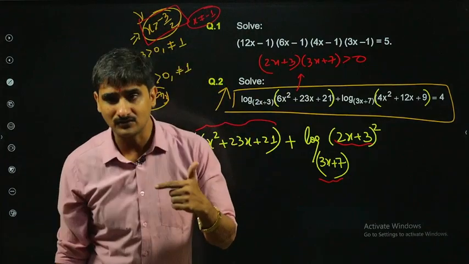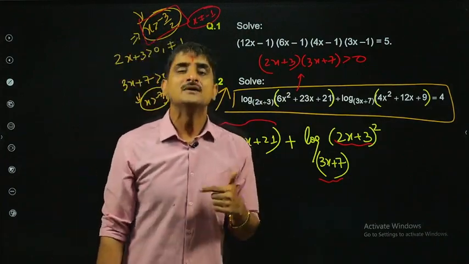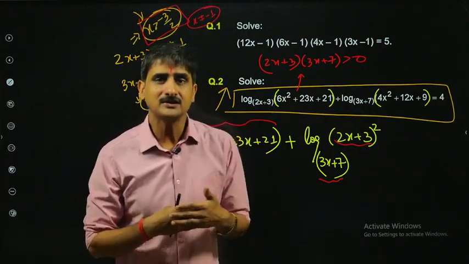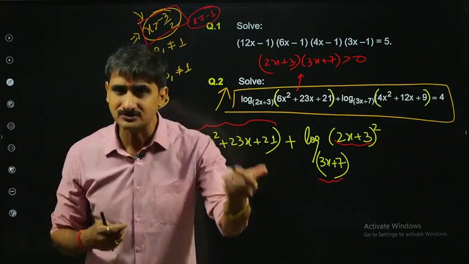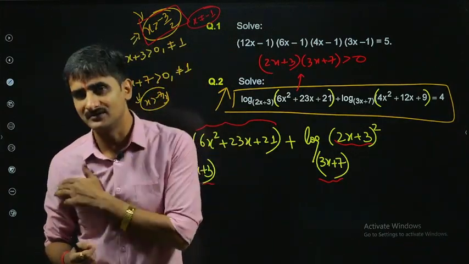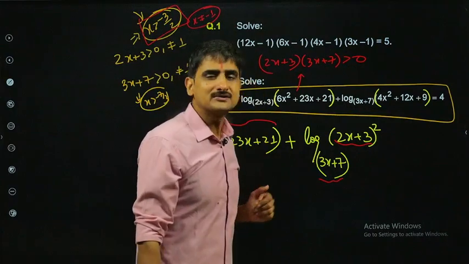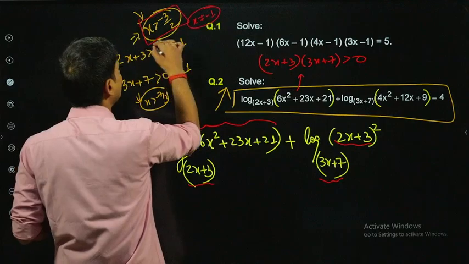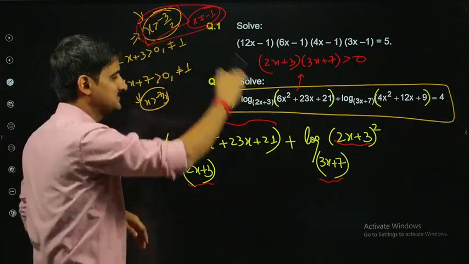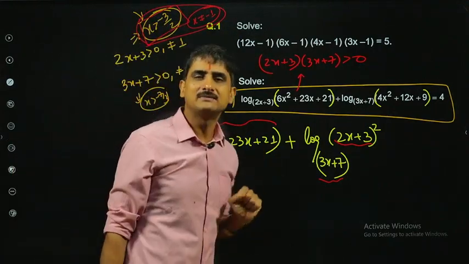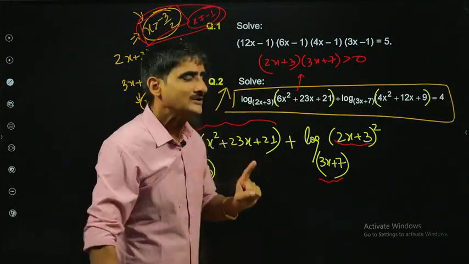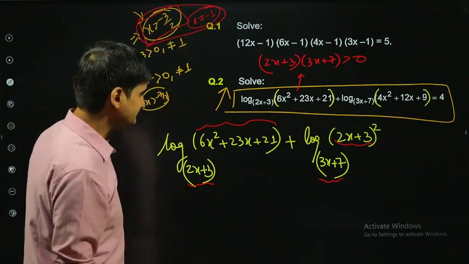An open upward quadratic is positive when the variable of the quadratic is either greater than the larger root or smaller than the smaller root. So the larger root is -3/2, so x should be greater than -3/2. So that's the domain condition of the equation. So x should be greater than -3/2, and it can't be -1. It can't be -1, bacho.